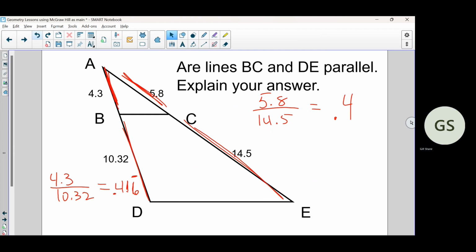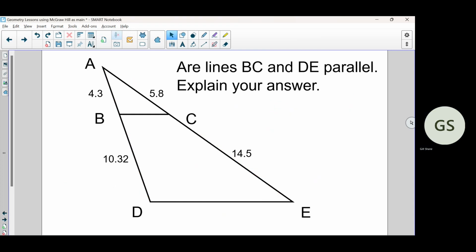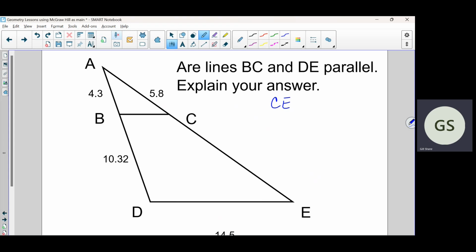So now, let's say I give you this. I tell you those lines are parallel.